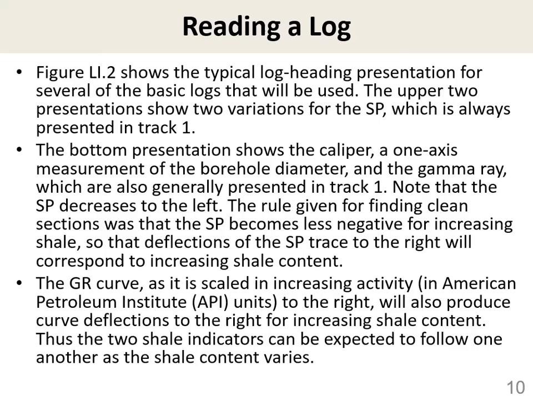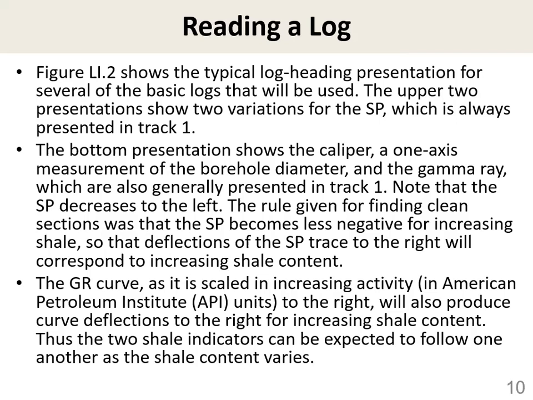It's not in any way general. So you have usually the SP and the gamma ray in some cases, and you've seen the example, in my example in this video, it's the caliper and the density correction log that is presented first, and then you now have the SP and the gamma ray.